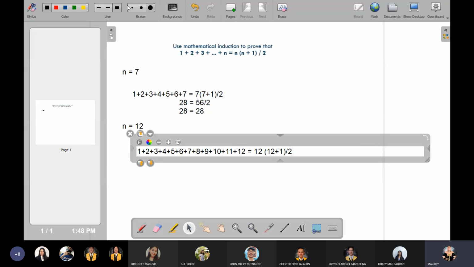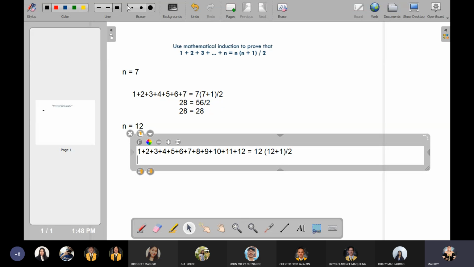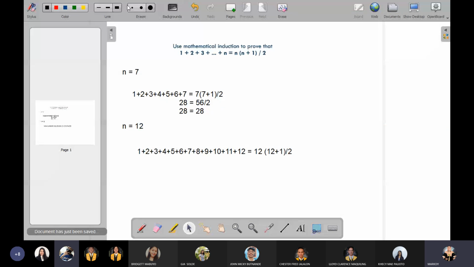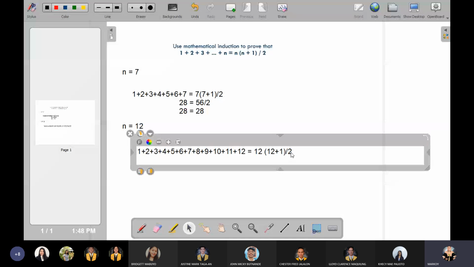Okay, what will be the result for this one? 78, sir. 78, are you sure? So the result on the left side is 78 and the result on the right side is 78.